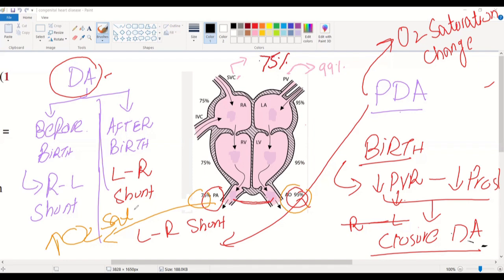Okay. So what is the remnant of the ductus arteriosus? Ligamentum arteriosum. So this is the remnant of the ductus arteriosus, the ligamentum arteriosum.